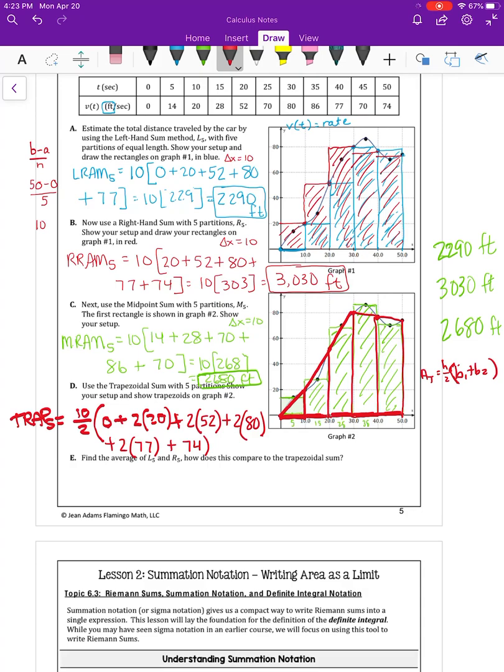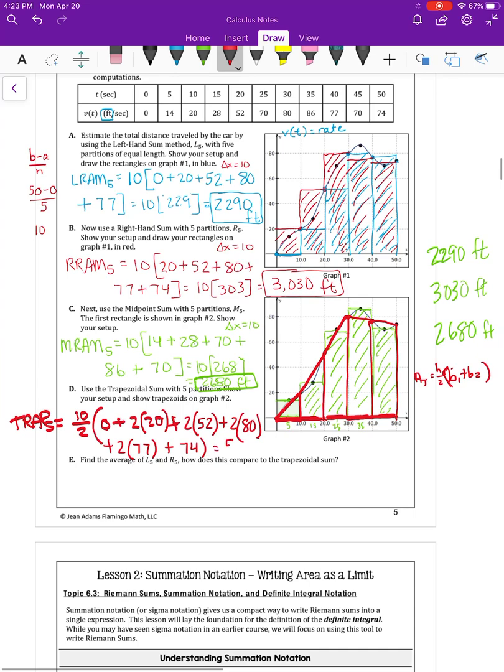So this is kind of like our trapezoidal sum. Notice that this is like your f of A, and this last one, 74, is like your f of B. So you're using the very first one and the very last one. And then every single one in between is multiplied by 2, because you're using it as base 1 and base 2.